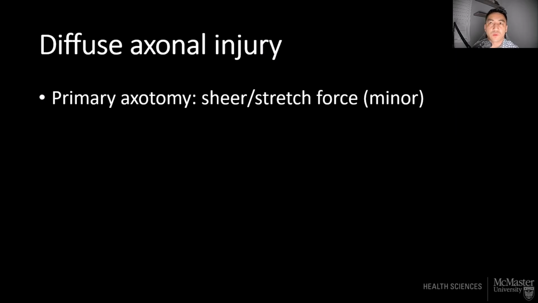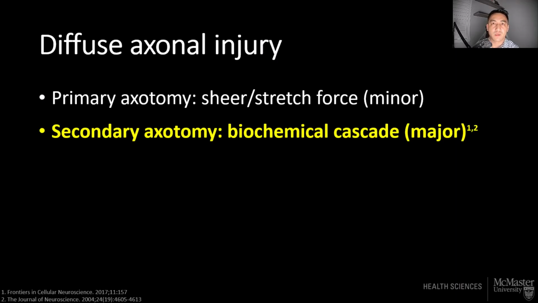The primary pathway is called primary axotomy, which is mechanical shearing and stretching that severs axons. This actually causes a small amount of damage compared to secondary axotomy, which is a biochemical cascade that is set off by the primary axotomy.